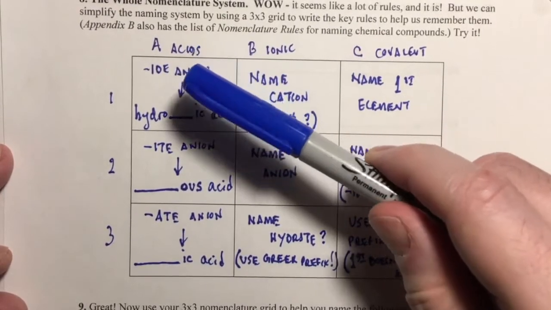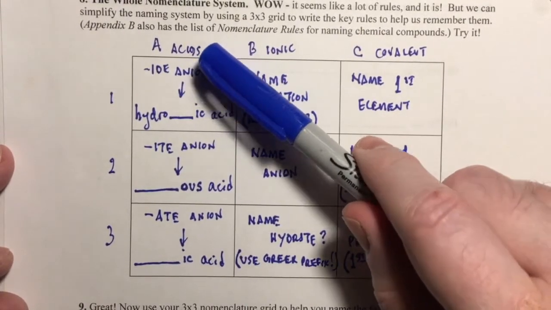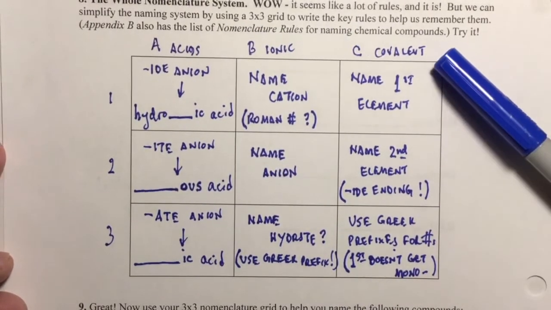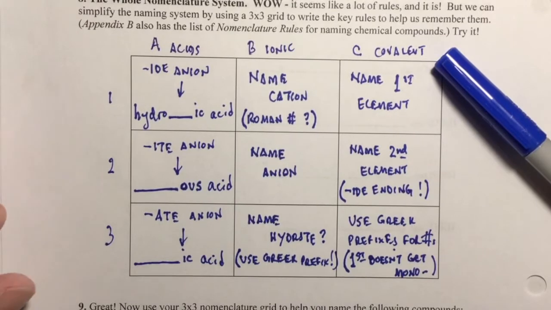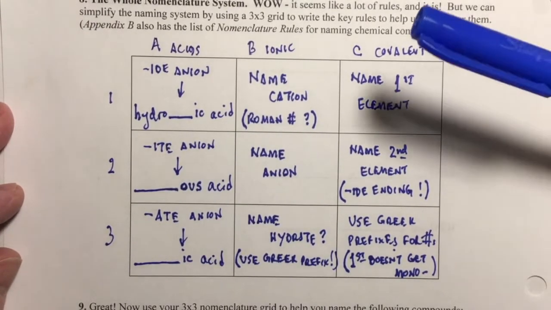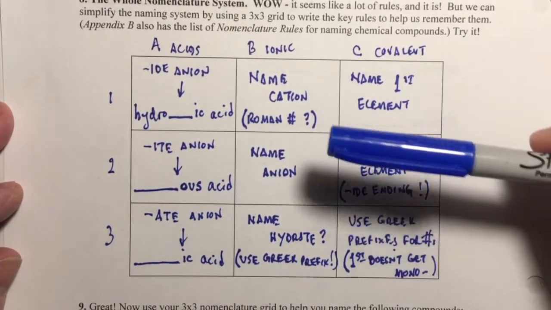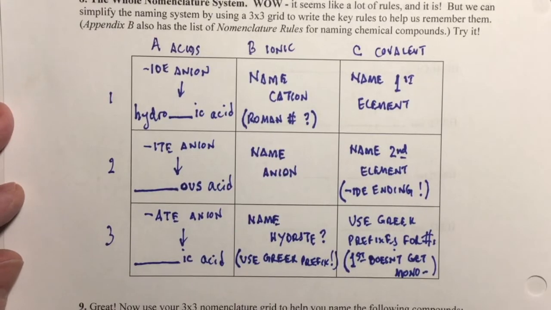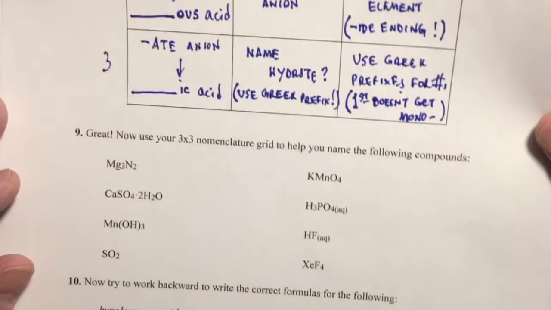So again, the first and most important question you ask is A, is it an acid? B, is it ionic? Or C, is it covalent? And once you've answered that, then the next important thing that you do is you begin to apply the 3 rules for that category. So now on this page I have several practice problems for you.